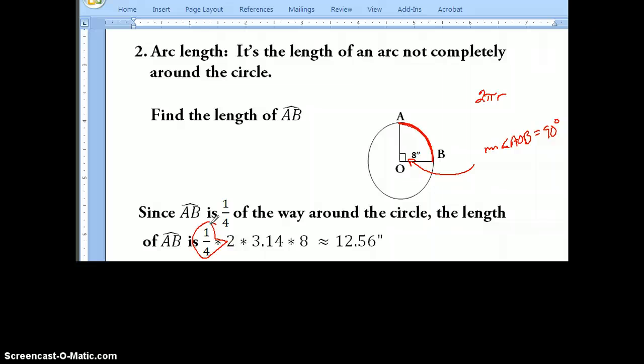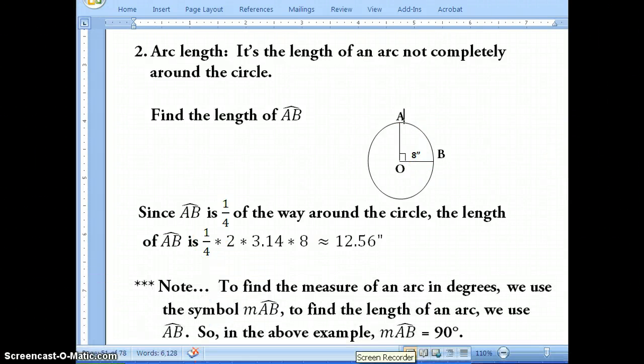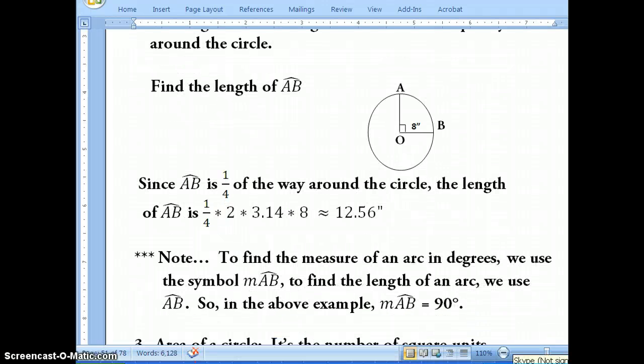And when you multiply those numbers together, you get 12.56 inches. So, to find the measure of the length around the circle, we find how many degrees around the circle we're going, and we use that number divided by 360.